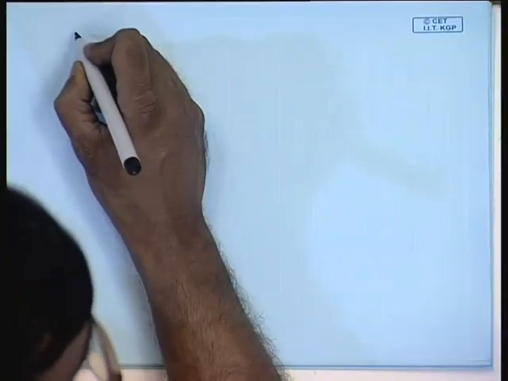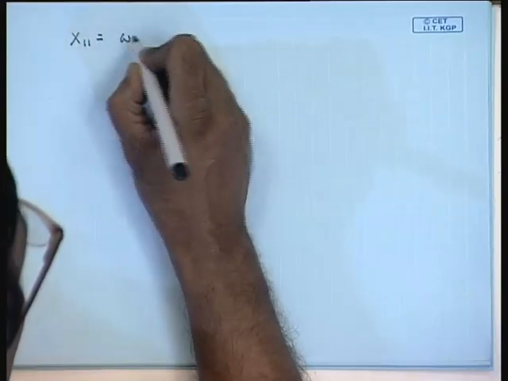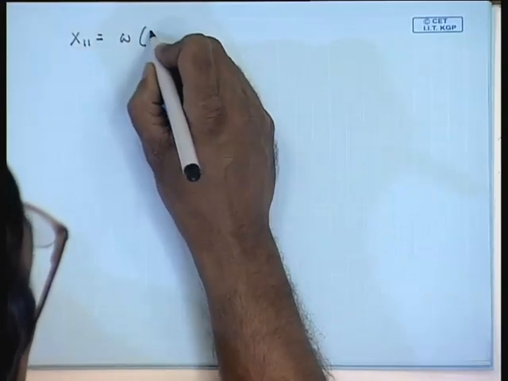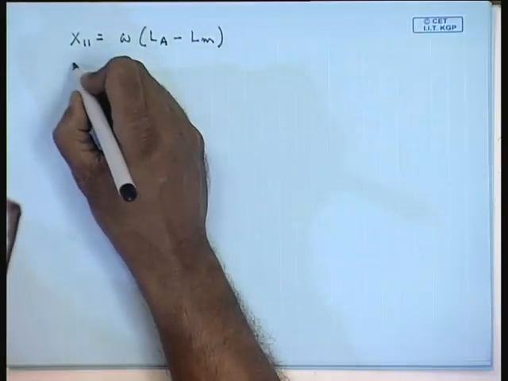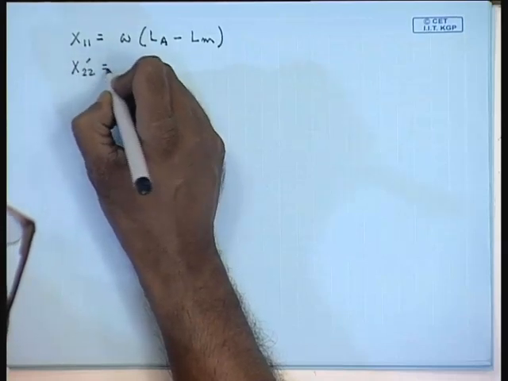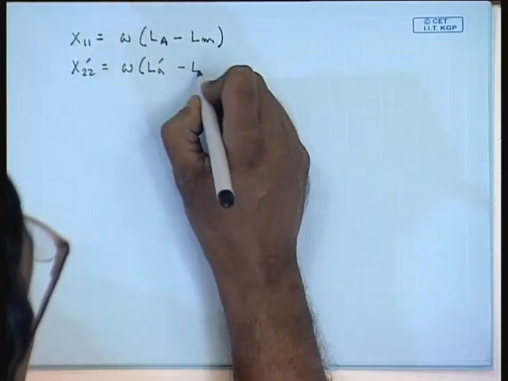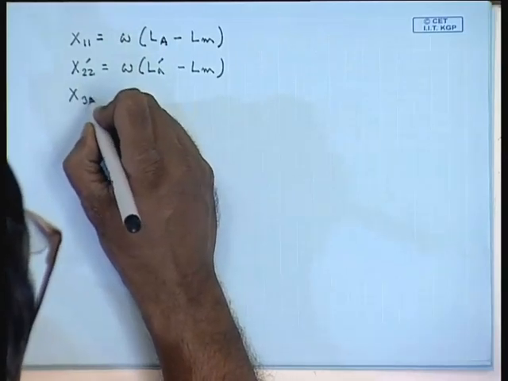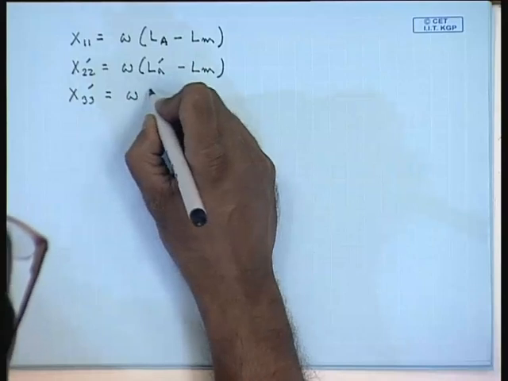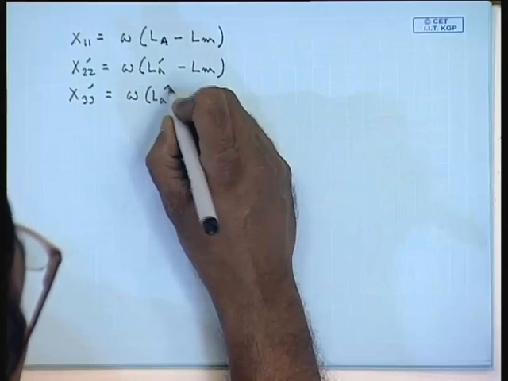Let us also define x11 to be equal to omega into (L A minus L m), x22 dash equal to omega into (L A dash minus L m), x33 dash equal to omega into (L A T dash minus L m).